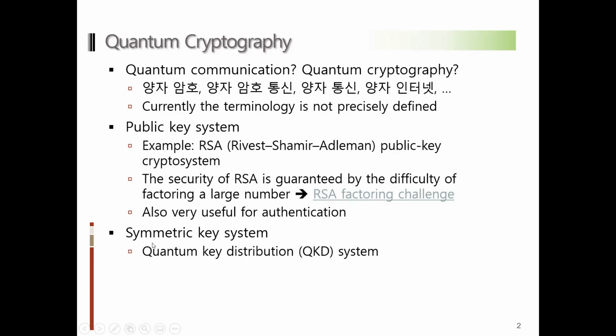The symmetric key somehow does serve such a job, but there is some limitation, because a symmetric key requires people to meet at least once. So that's the benefit of the public key system.